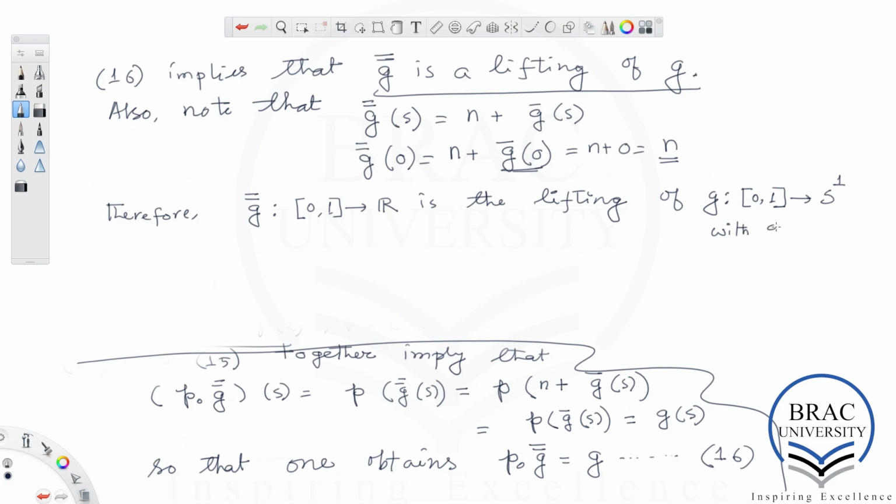And since it's a loop, the initial point and final point are the same, and that common point is B0 of the unit circle.